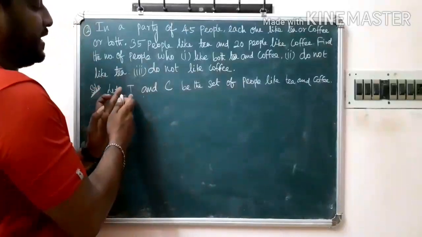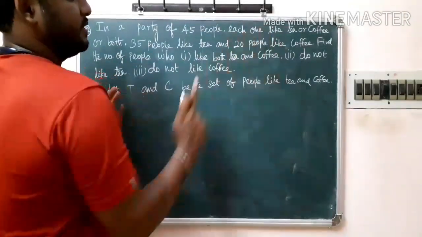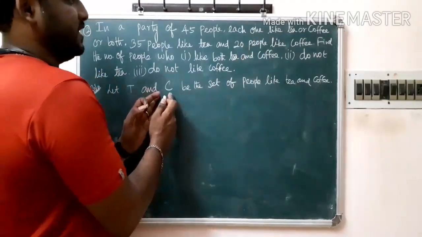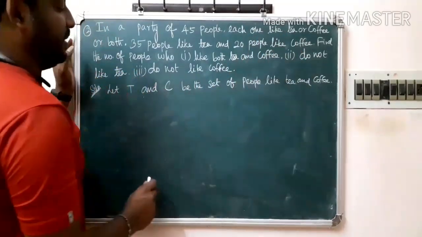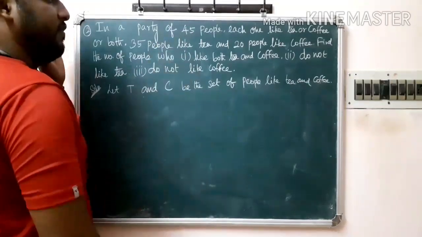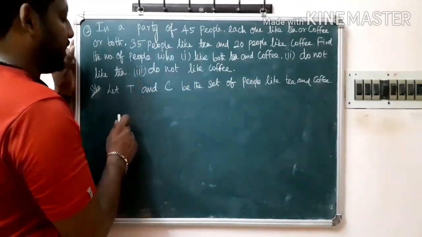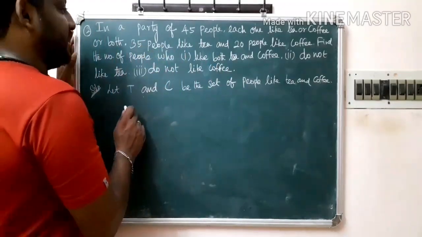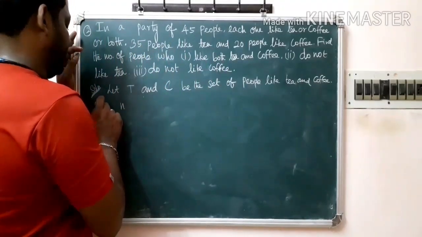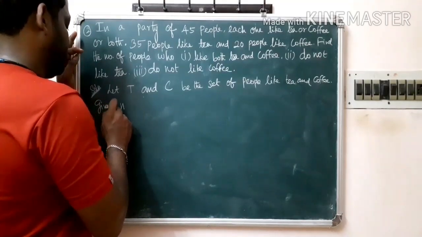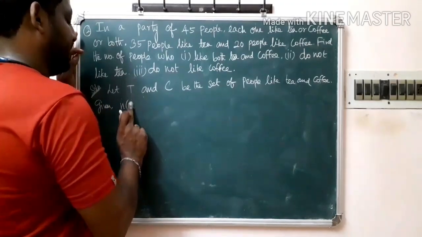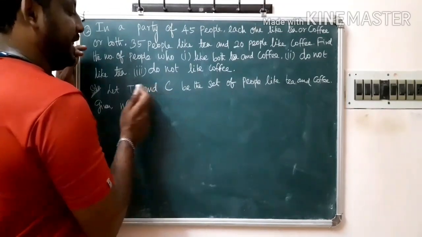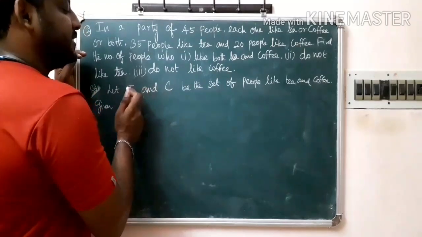Okay, so here capital T denotes the set of people who like tea, and capital C denotes the set of people who like coffee. And then the total number of people is given. Total number of people means we have to combine these two sets, that means T union C. The set names are T and C, so you have to write carefully whatever set name is given.